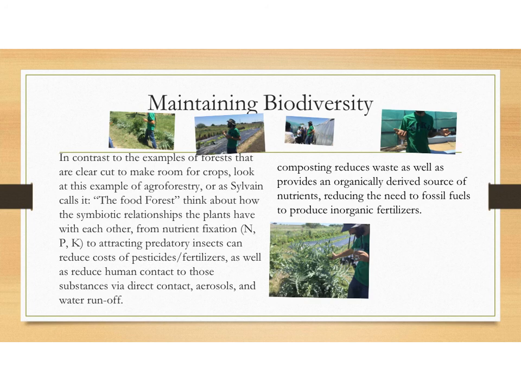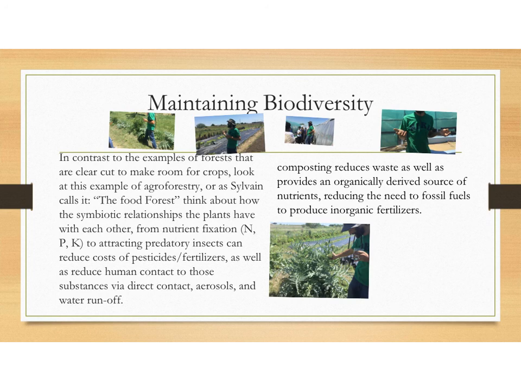All right, and that kind of goes with biodiversity, maintaining biodiversity. So the first video I showed you, the first picture I showed you when he introduced us to his farm, he calls that area the food forest. He uses symbiotic relationships of plants, and he uses nutrient-fixing plants such as nitrogen, phosphorus, potassium, based on whether or not he's using a nasturtium or hairy vetch or something like that.